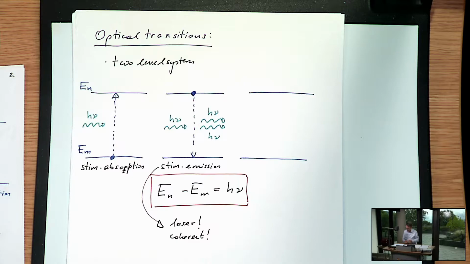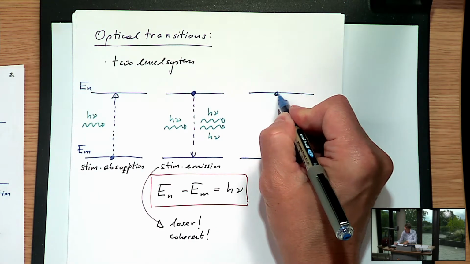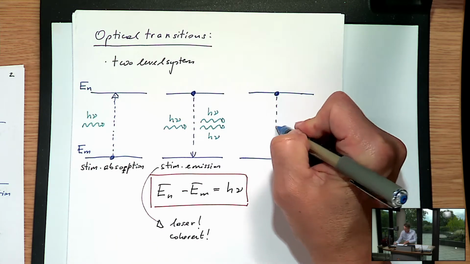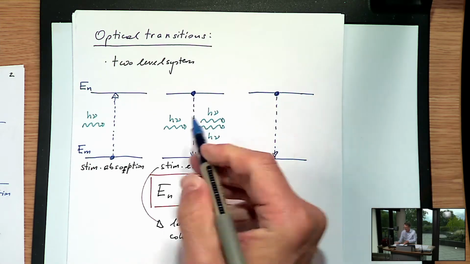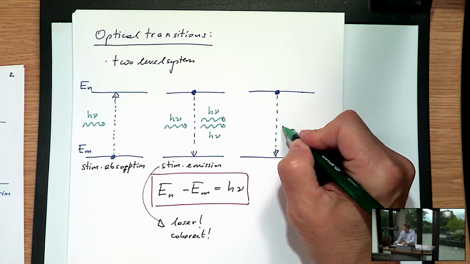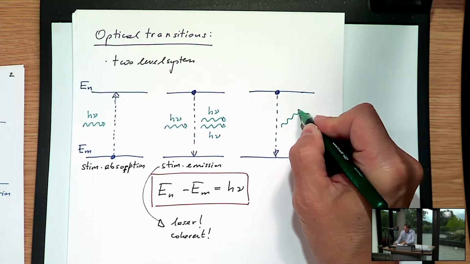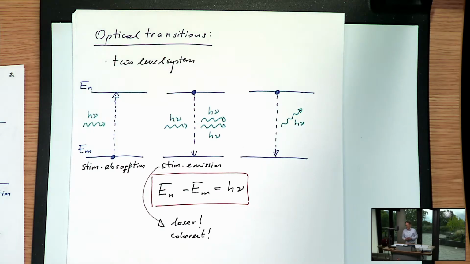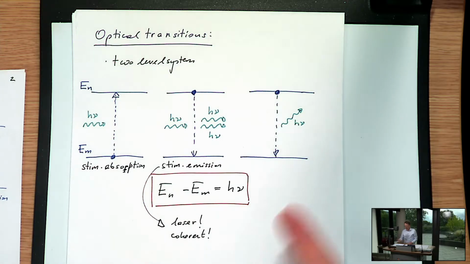The final process is just happening by itself, without any requirement for an external light field or a photon coming in, and this is called spontaneous emission. So here I just draw an arrow, and just to give you a hint that this process is random and spontaneous, I draw this photon coming out at an arbitrary angle like this.